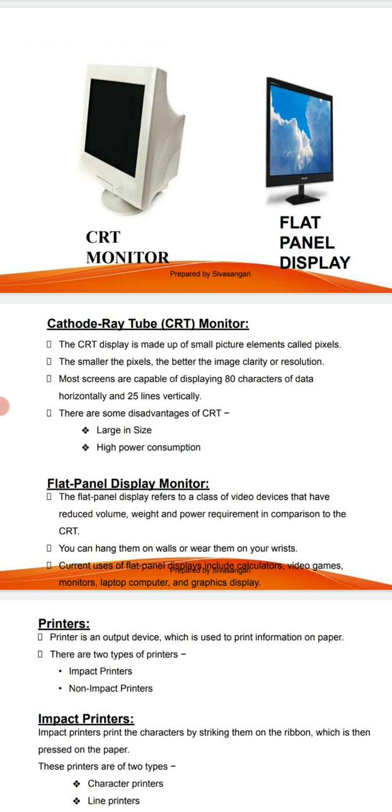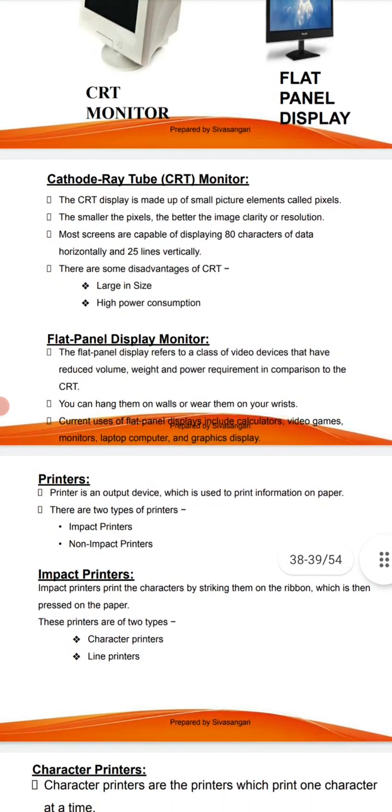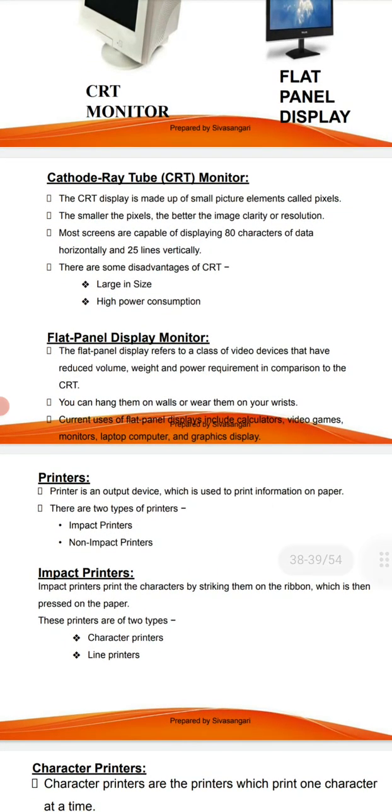There are some disadvantages of CRT monitor, that is large in size. It consumes high power. Next one is flat panel display monitor. It also refers to the class of video devices that have reduced volume, weight and power requirement in comparison to the CRT monitor.